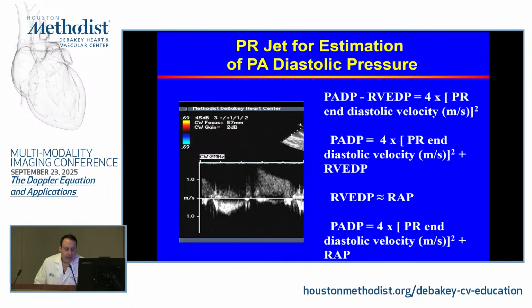And we look at that expression and we say we are going to make an approximation that the RAP is very close to the RV end diastolic pressure. Can be valid, may not be valid, say in somebody with severe RV diastolic dysfunction and increased stiffness, but seldom a larger error than that. And so we can estimate PA diastolic pressure as well.